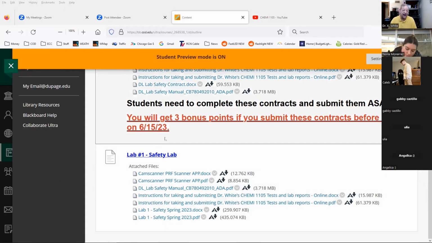If you get it to me by the 15th, I will give you three bonus points. By the way, this is an example. I don't know if you've ever heard of this. There are two ways of motivating people to do things. One is the carrot and the other is the stick. That comes back to the old days when you had a wagon being pulled by a horse or a donkey.